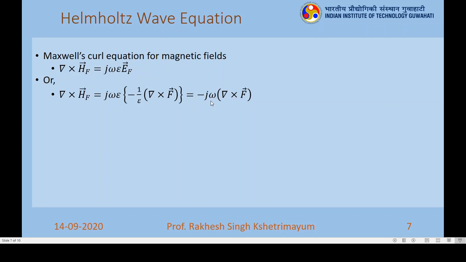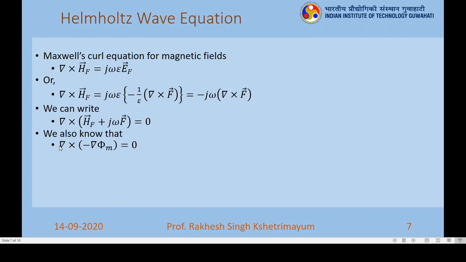Curl of H is equal to minus j omega curl of F. So if I combine this term, curl in the left hand side and in the right hand side, I can write curl of (H_F plus j omega F) is equal to 0.